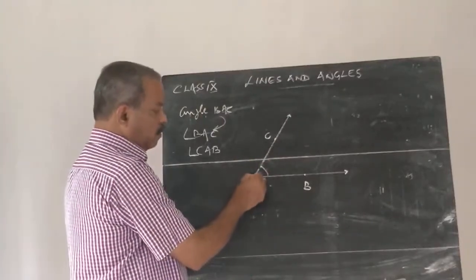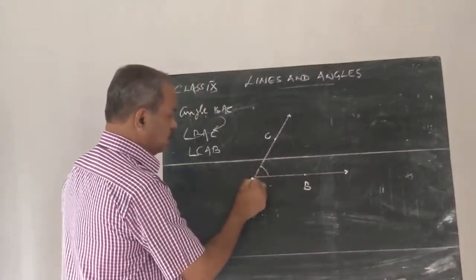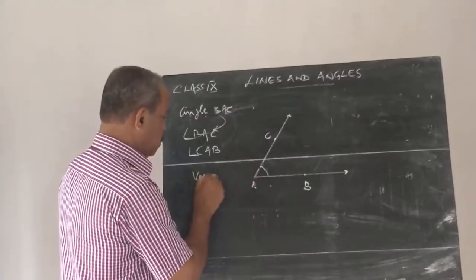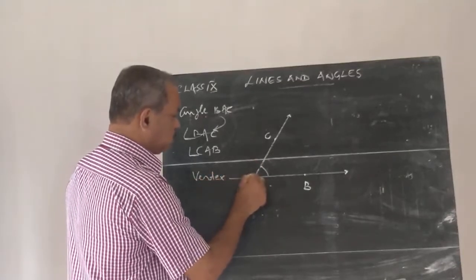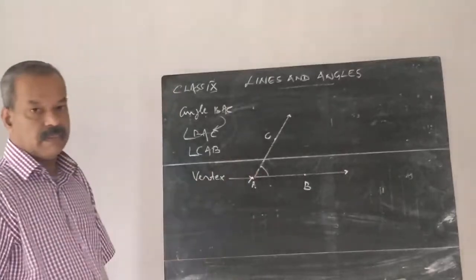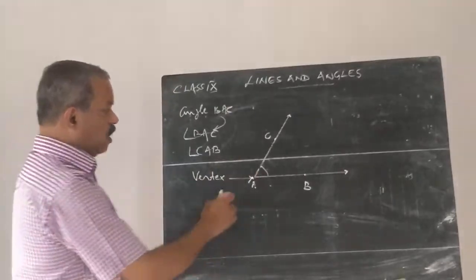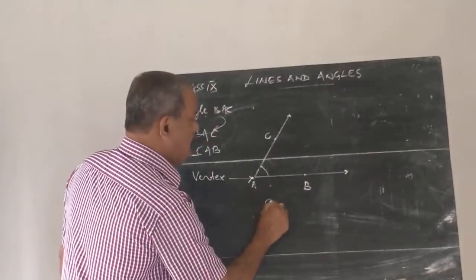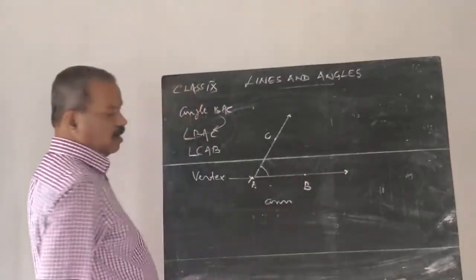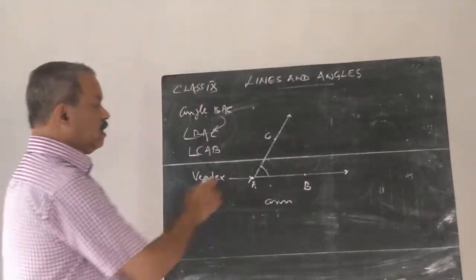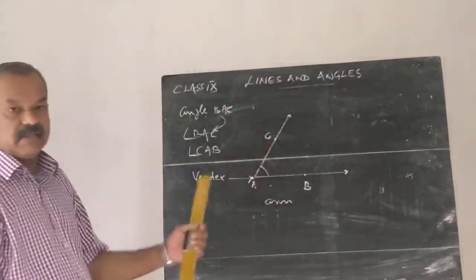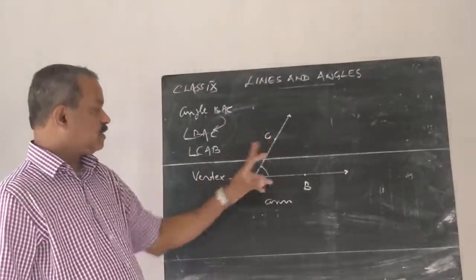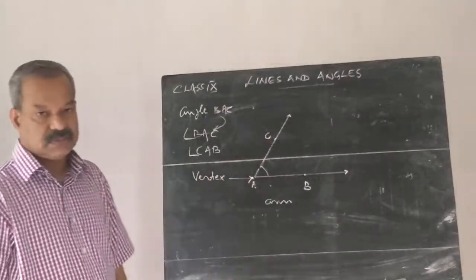This common endpoint is called the vertex of the angle. Then what is ray AB? Ray AB is called an arm of the angle. Then what is ray AC? Another arm. So an angle has a vertex and two arms.